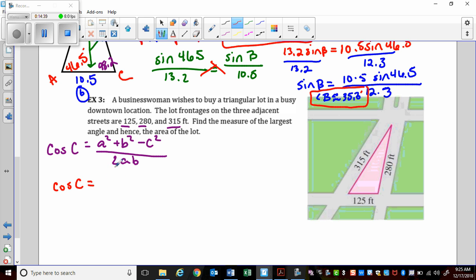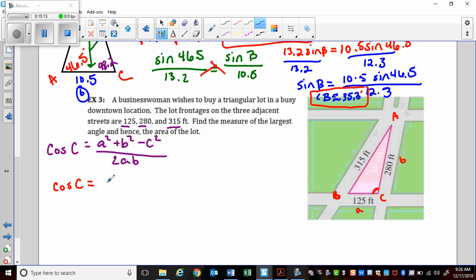Find the largest angle. I know my largest angle is opposite my largest side, so this is my largest angle, or angle C. And I guess I'll make my A 125 and my B 280. You could have changed it if you would like to. You could switch A and B.